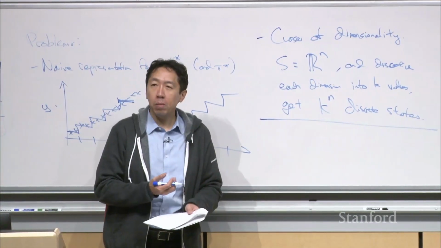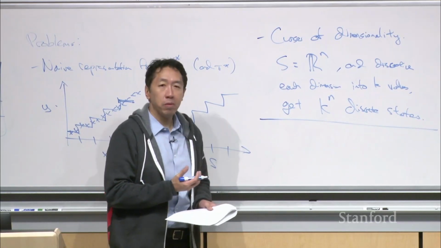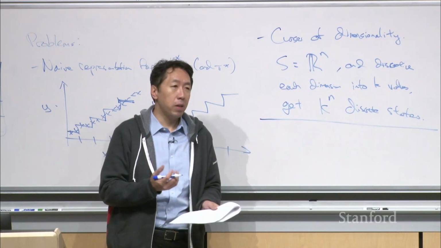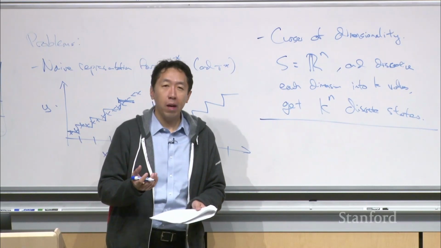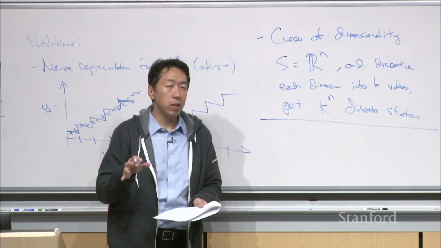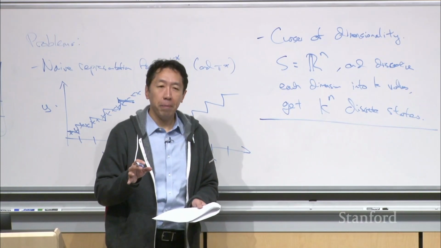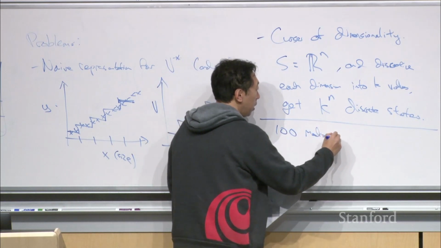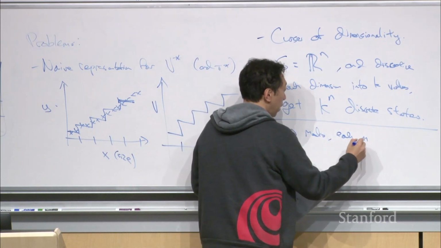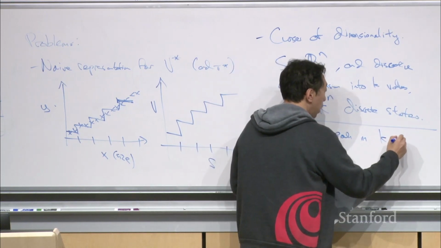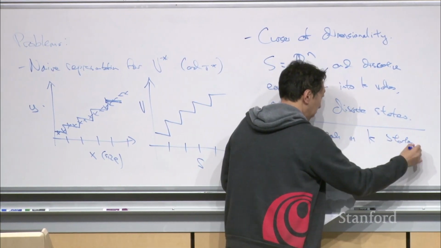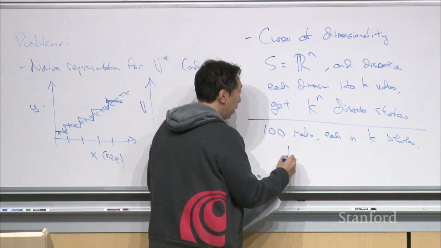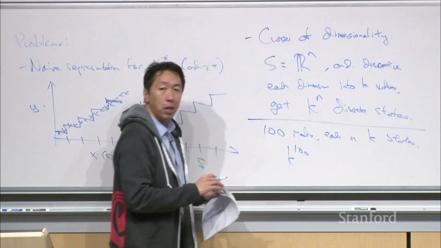So for example, one of the places people have applied reinforcement learning is in factory optimization, right? So if you have a factory with 100 machines, and every machine in the factory is doing something slightly different, and each machine can be in k different states, then the total number of states of your factory is k to the power of 100, right?